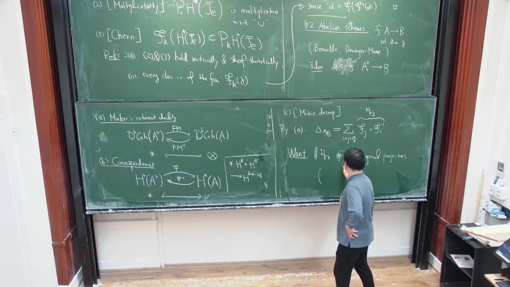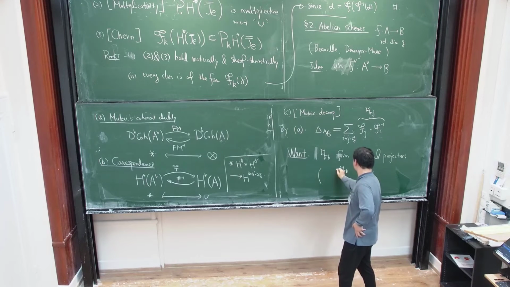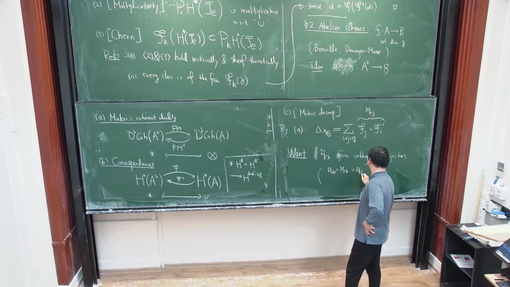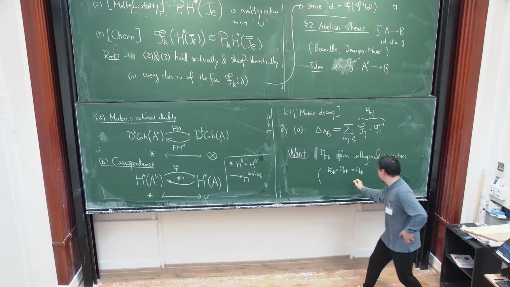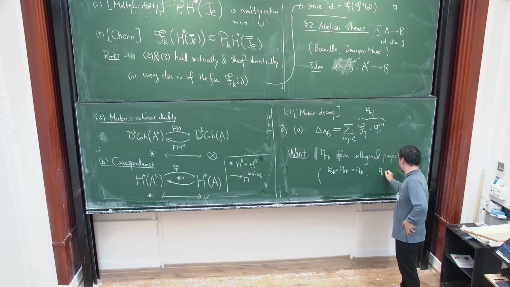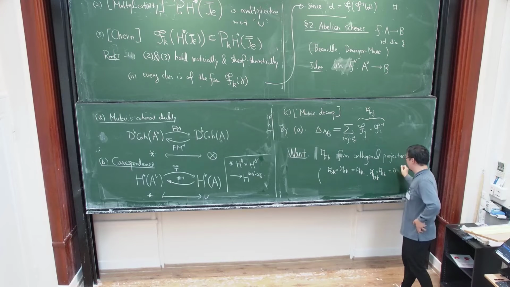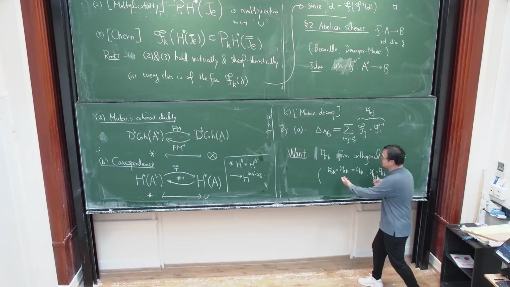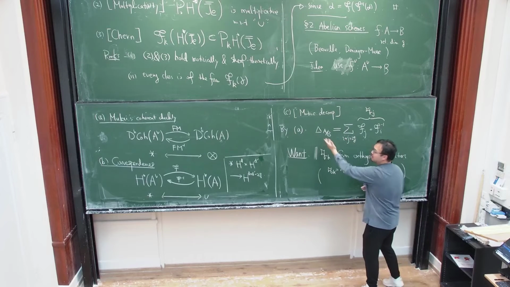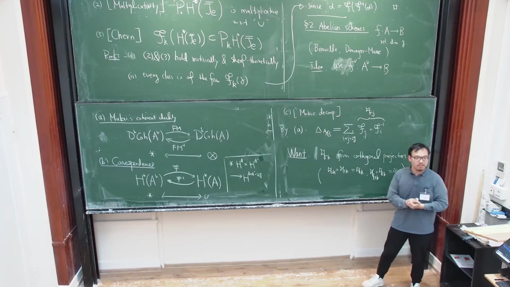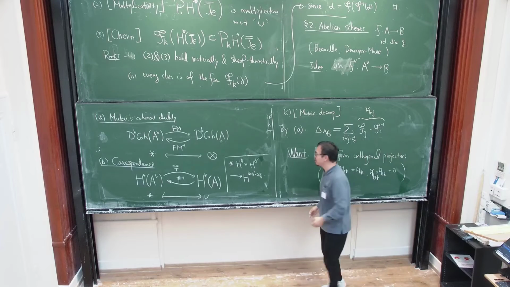By this I mean if you compose with itself, you don't do anything, but if you compose this with something else, you get 0. And once you have this, then the decomposition of the relative diagonal will give you a motivic decomposition of the cohomology.